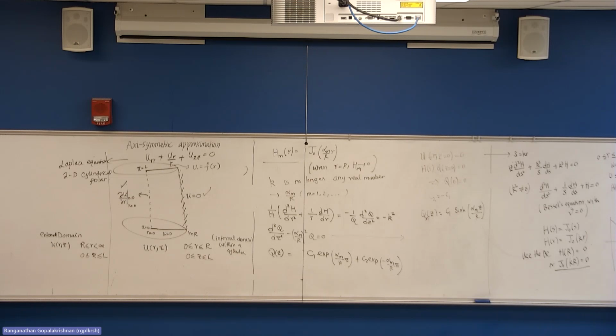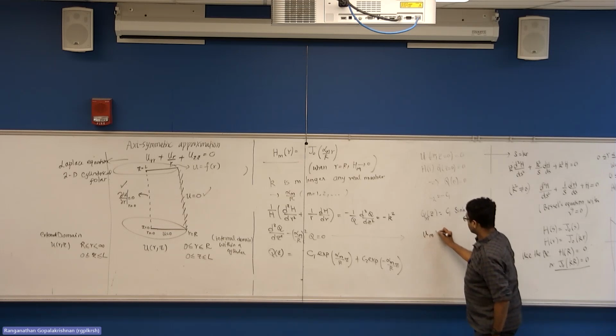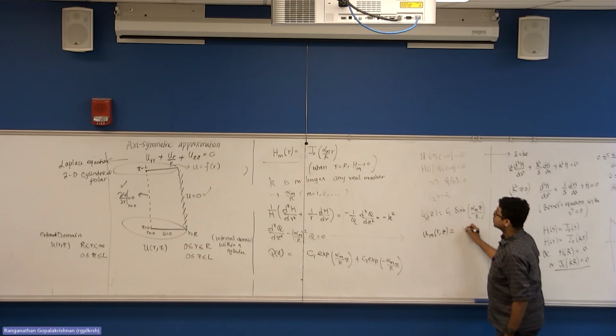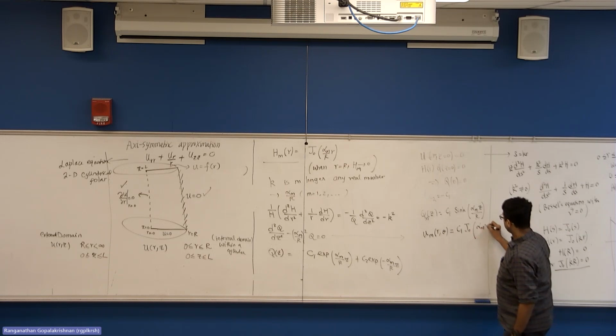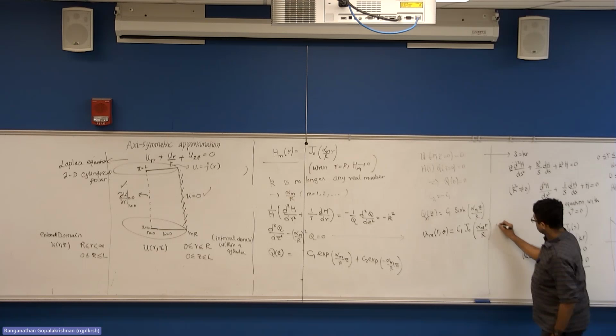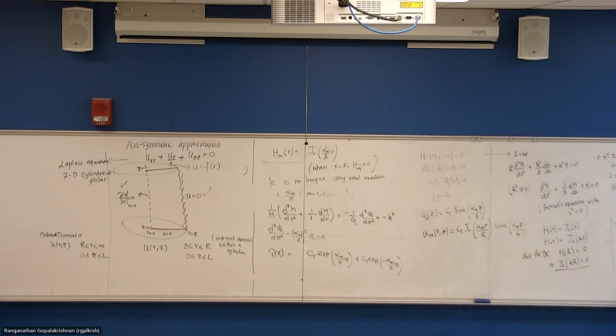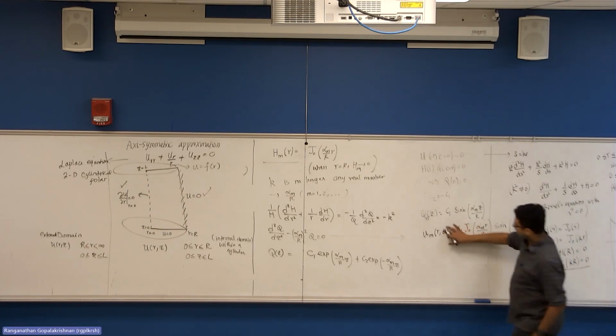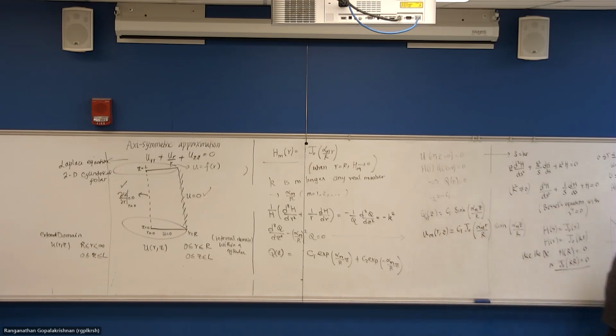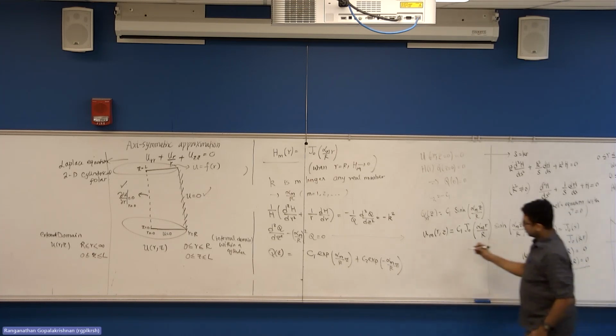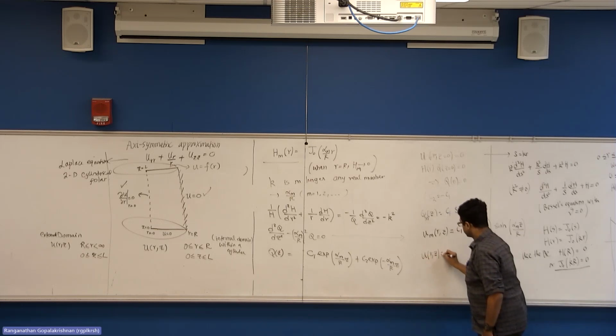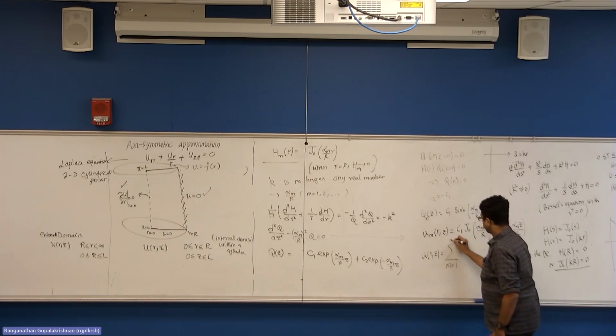So q is also now evaluated for discrete values of m, which if we now put together, u_m of r comma z is C1 J naught of alpha m r over R multiplied by hyperbolic sine of alpha m z over R. So u, as a linear combination, of r comma z is the sum with m running from 1 to infinity.